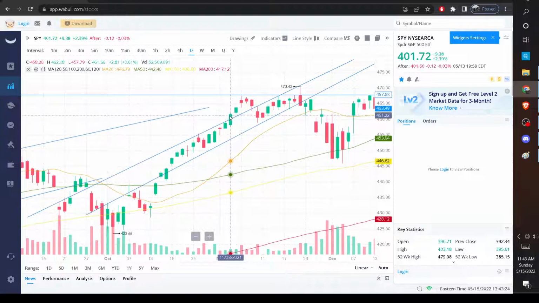Sometimes you want to wait and see how that day is going to close out. If that day closes out in a manner where we reject this, that's when you're going to feel a little bit more sure about getting that put. But if you got it right here intraday, then if we close right here, yeah, you want to take that loss.